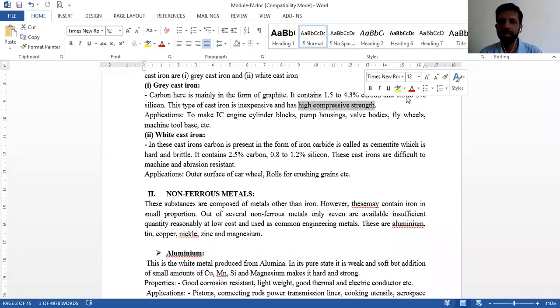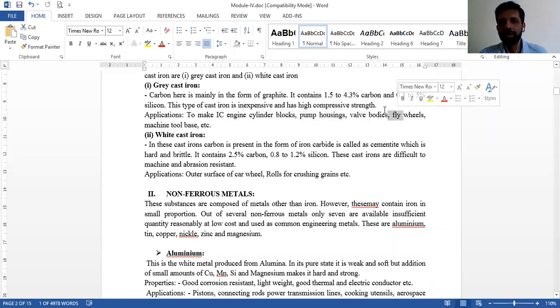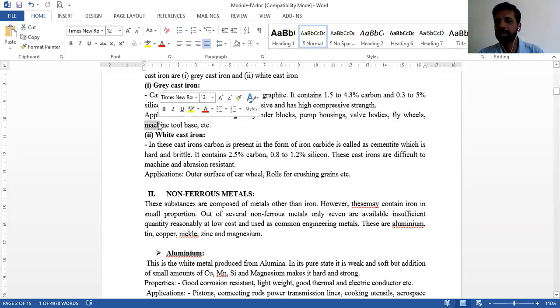It is going to be very hard. When we apply a compressive force, it is not going to get compressed at all. So that is the compression strength. Even now it is used in making engine blocks, pumps, valves, flywheels, and so many other applications.